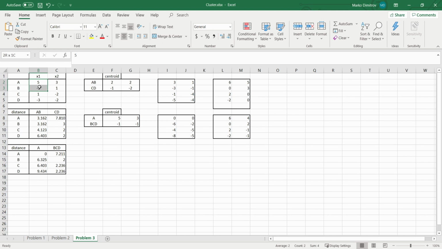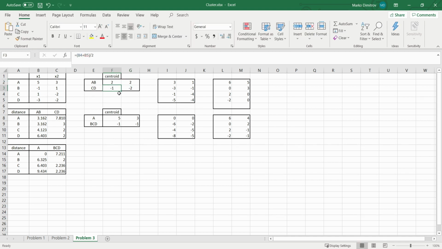Well, you average the first coordinate and you average the second coordinate. If you have more, you would average more of those. So we sum those 2 and divide by 2. Same here. Similar for cluster CD.